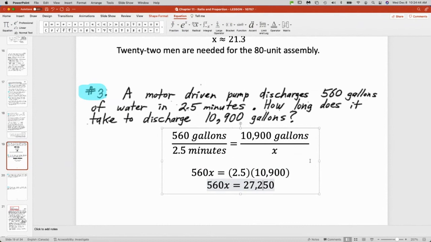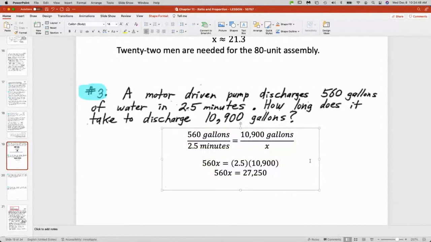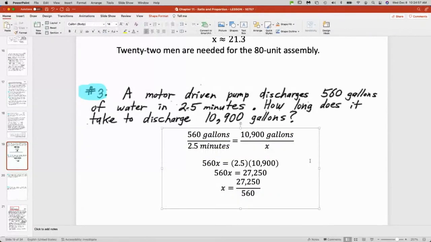It's 27,250. So then X would equal 27,250 over 560. And hopefully that gives us something meaningful.